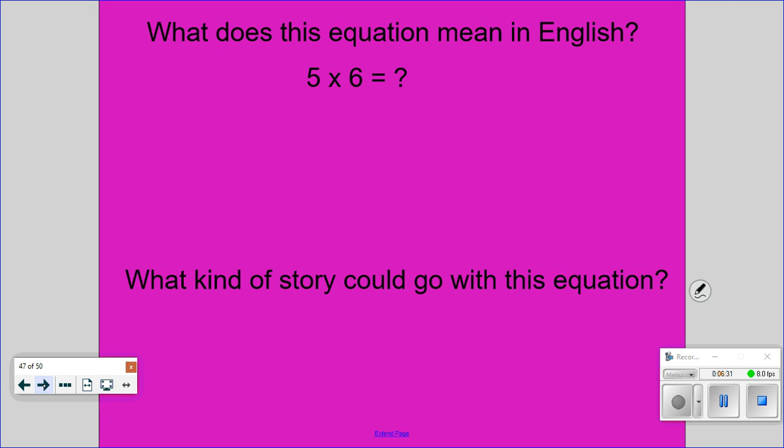And then remind me, what does this equation mean? Bella, what does that equation mean? It means 5 groups of 6.